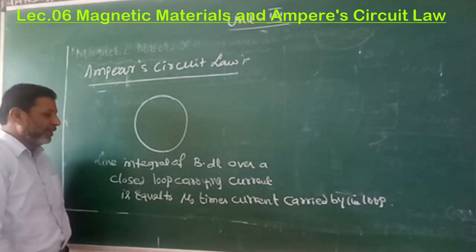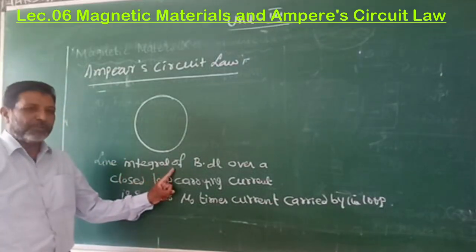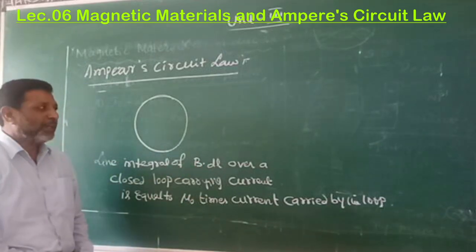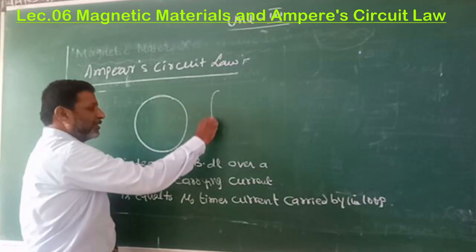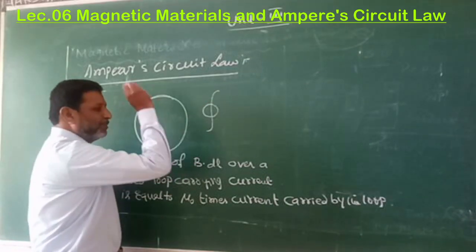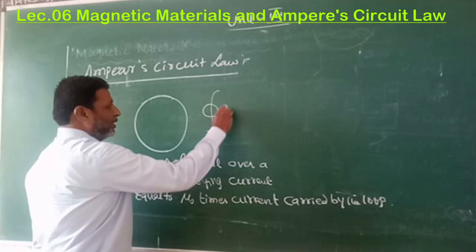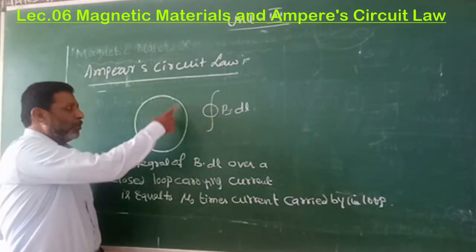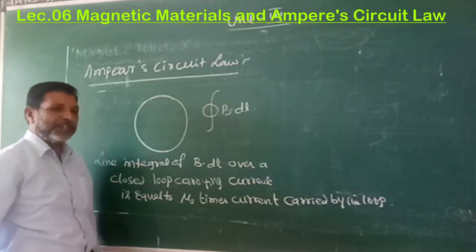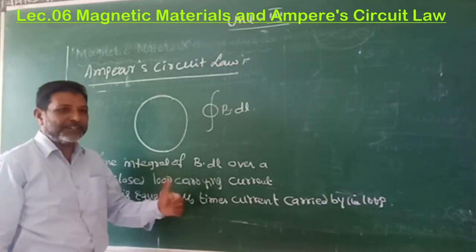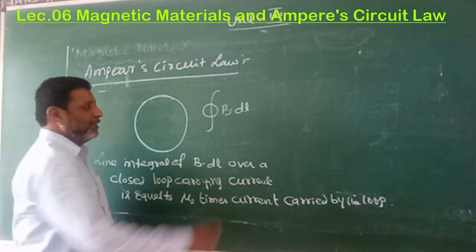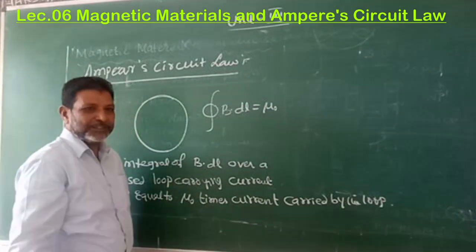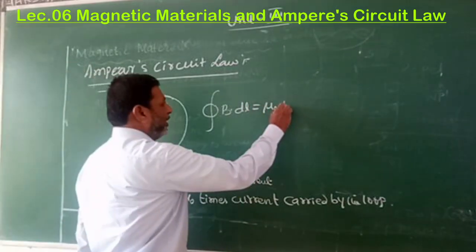Once again, carefully listen here. What it says: line integral of B dot dl. Symbolically, in integration you might have studied that this way we represent the line integral of B dot dl over a closed loop carrying current is equal to mu naught times the current carried by the loop.